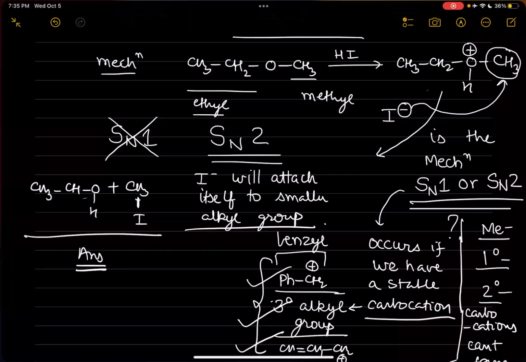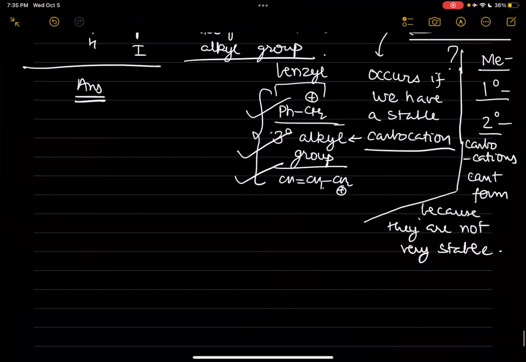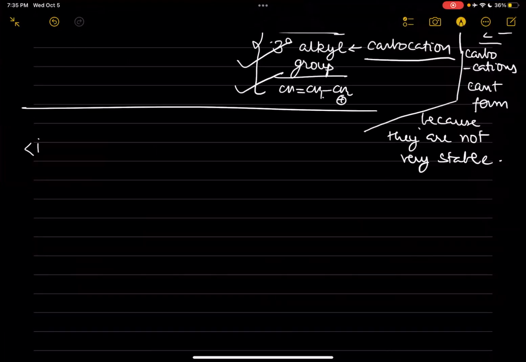Tell me. So let me take some examples from NCERT. These are very good questions.